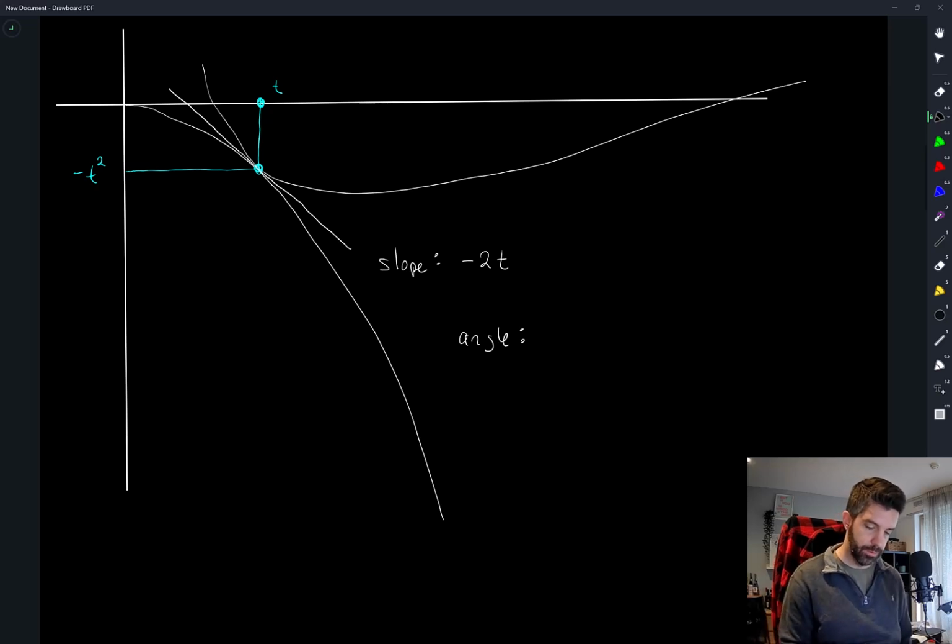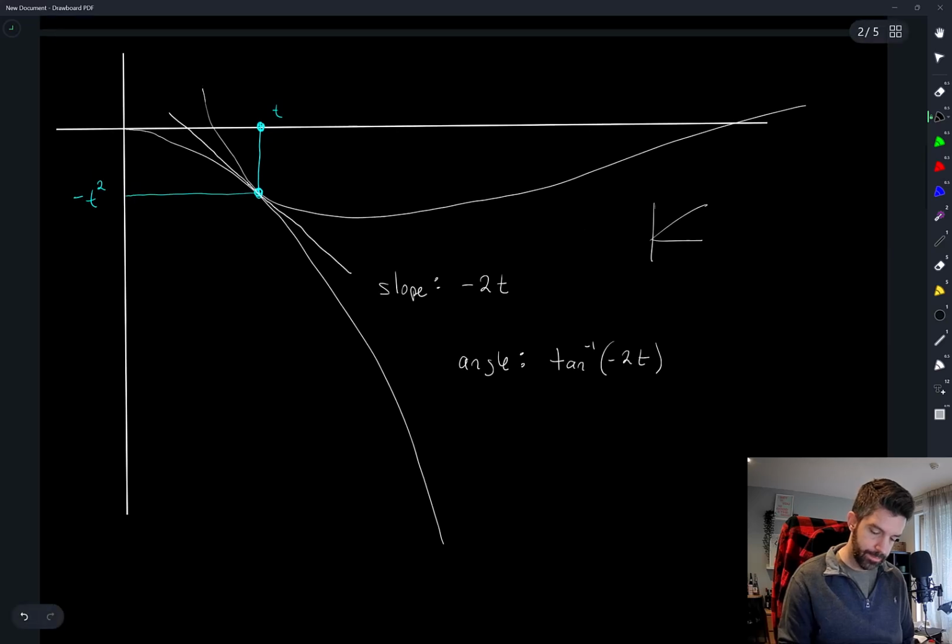Is it arctan, tan inverse of negative 2t? Make sure I didn't screw that up. If I have a line with that slope theta, tan theta is this. Yeah, that's fine. So that's the angle that this line makes with the horizontal.